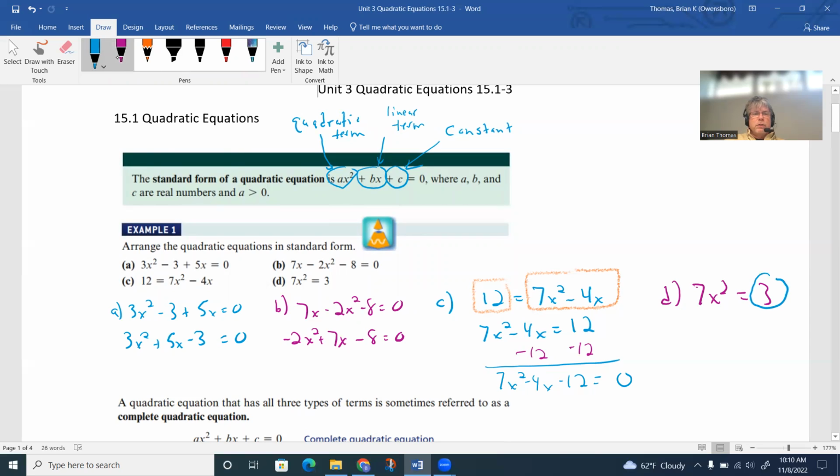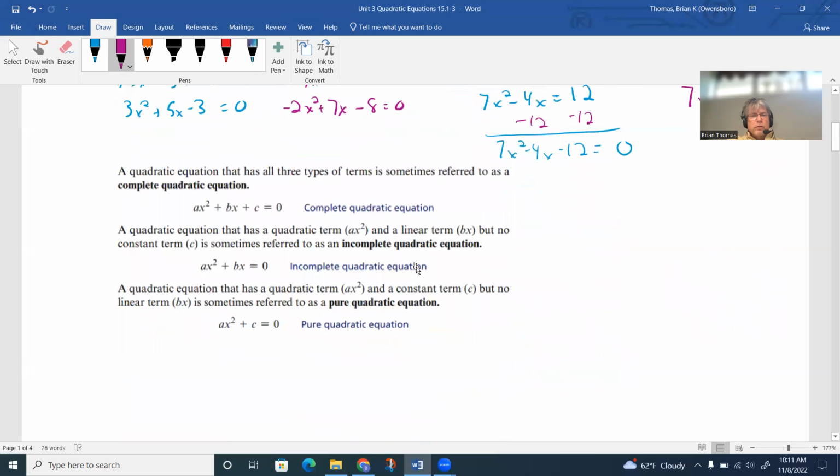So I'm allowed to move it over, swap sides, if you will. But when I do that, the 3 turns into a -3, and that is now equal to 0 since there's nothing left over there. Remember, an equation has to have a right side and a left side. If there's nothing on that side of the equation, you use 0 as a placeholder. That would be what we call standard form.